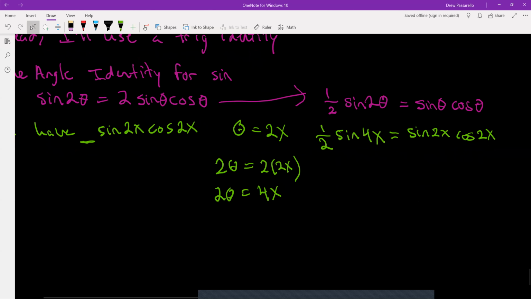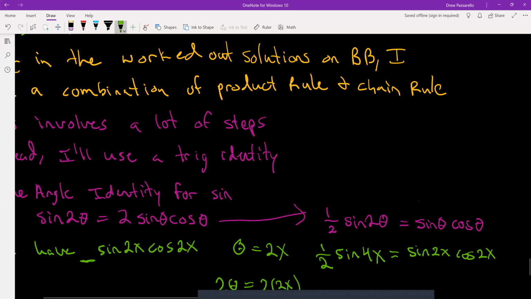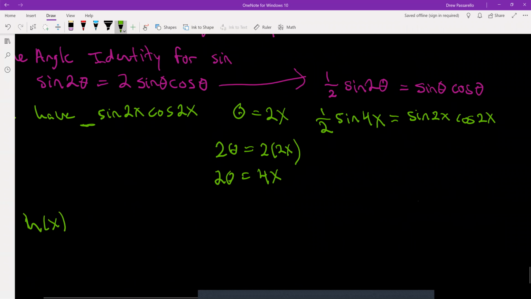Now what this does is I rewrote the problem. Instead of being a product of 2 trig functions, I've narrowed it down to just one trig function involving sine. The original problem was h of x equal to sine 2x cosine 2x.